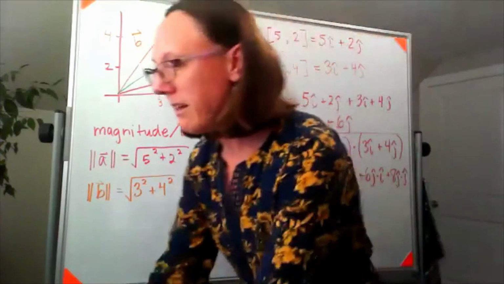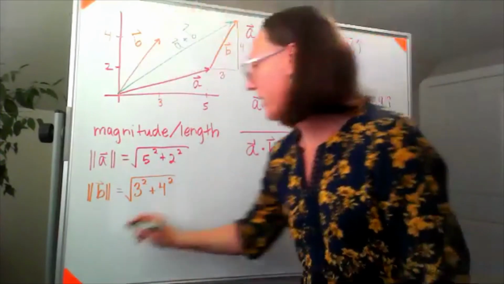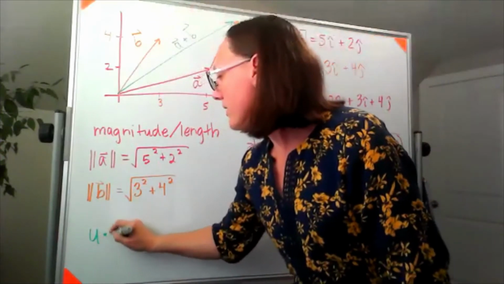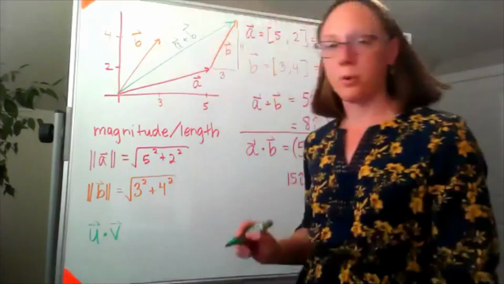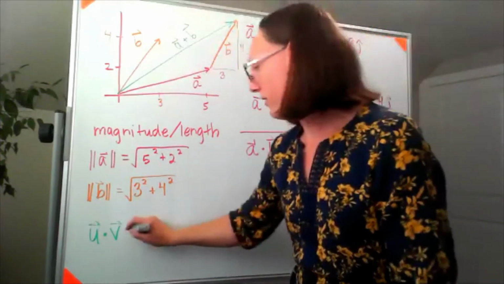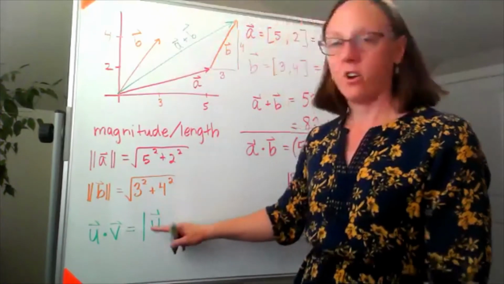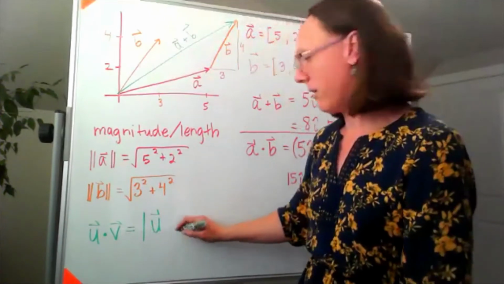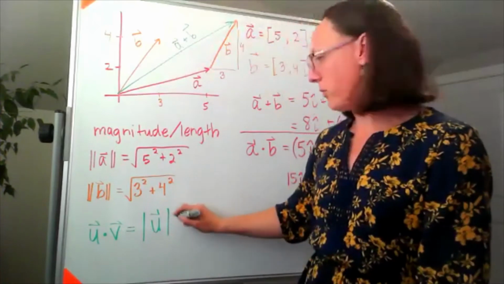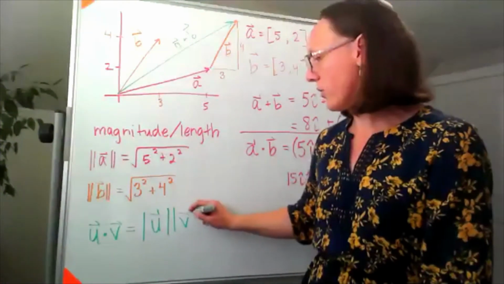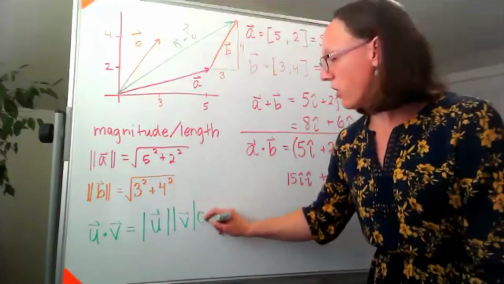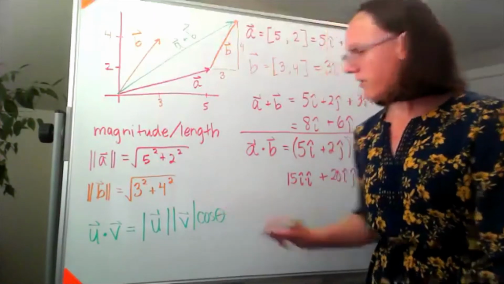And our definition for U dotted with V, so those are both vectors, U dotted with V is equal to the magnitude of U, and I'll go ahead and use a single line, the magnitude of U times the magnitude of V times cosine of the angle between them.